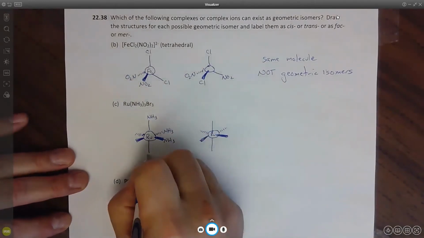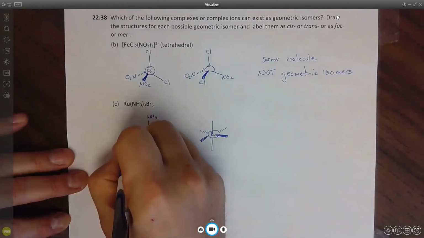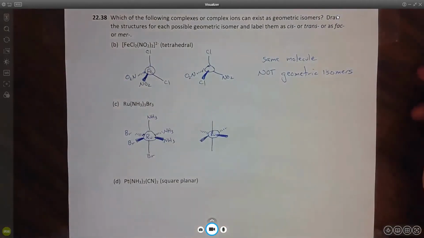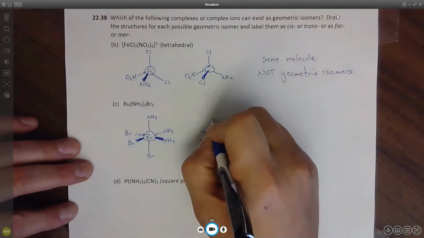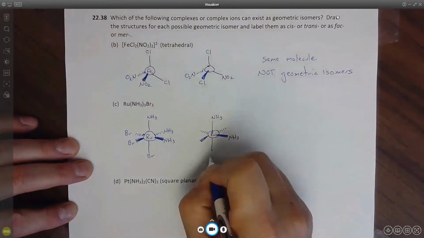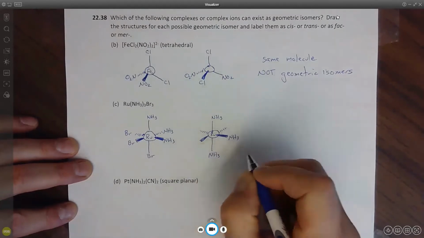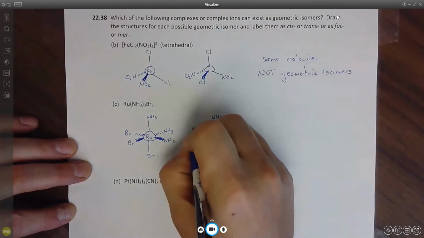And then we have the 3 bromines. So 1, 2, 3. And now you got to be careful when you draw your next one. You want to make sure that they aren't identical. So what I'm going to do is I'm going to put the ammonia here, here, and here this time. And then the bromines will fill in these other spots.